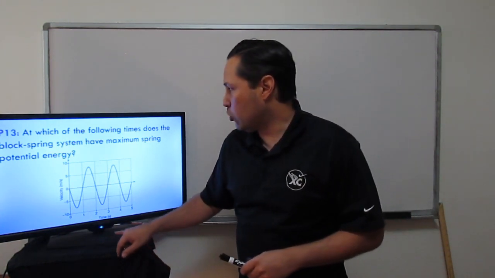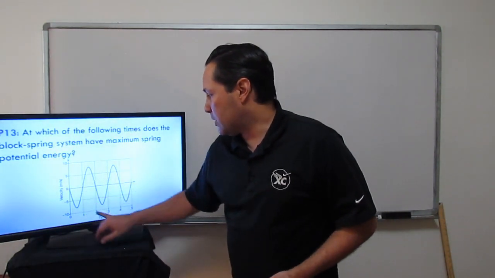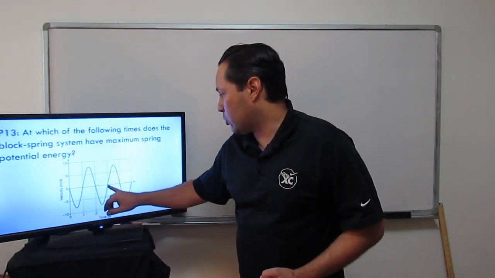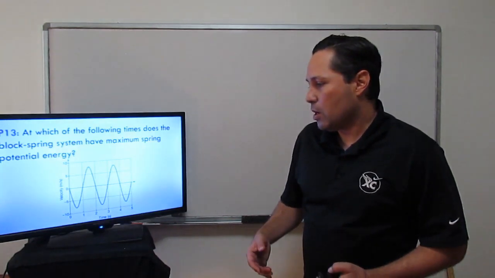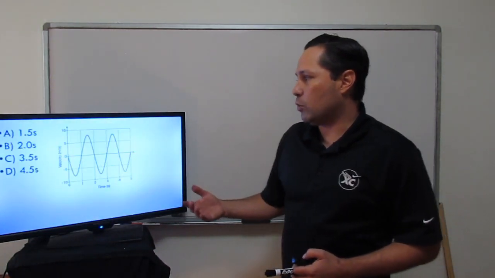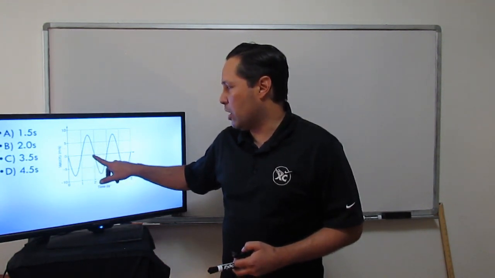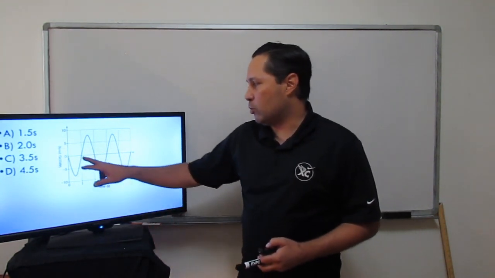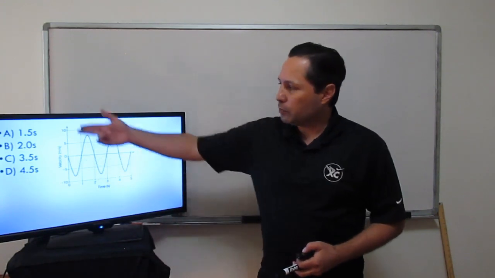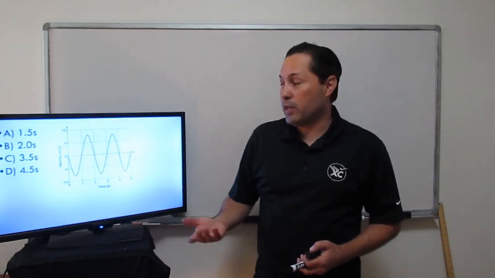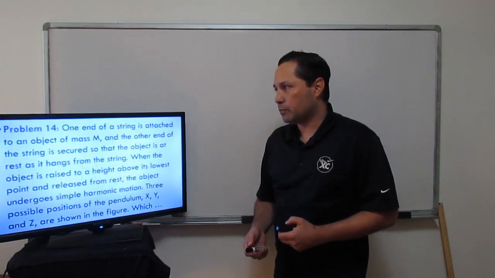So velocity 0 would be at 1 second. It would also be at 2 seconds, 3 seconds, and 4 seconds. Of the choices given to us right here, 2 would be one of the answers. Everything else is not there. Another possible answer could be 1, 2, 3, or 4. Only 2 is listed, so our answer is letter B, 2 seconds.